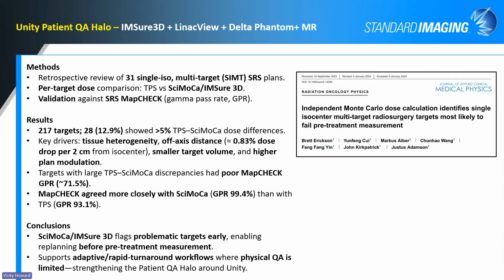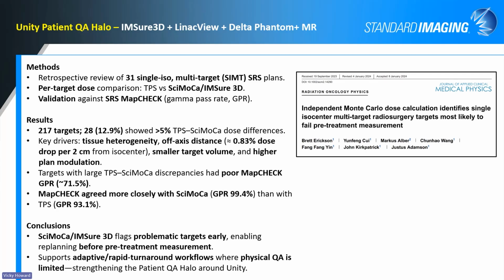So what they concluded is that IMSure 3D with SIMOCA is effective in flagging problematic targets early, enabling replanning before pre-treatment measurement. So again, this is something that is directly important to an online adaptive workflow.